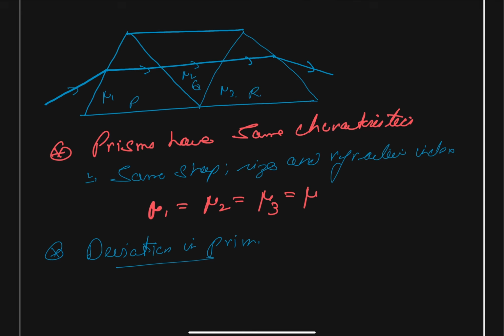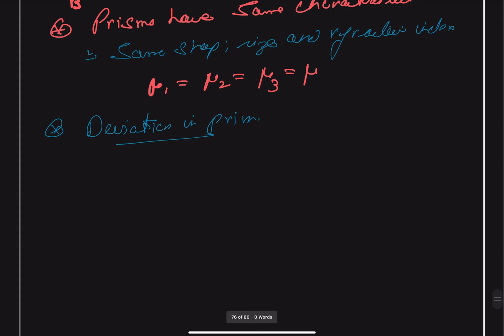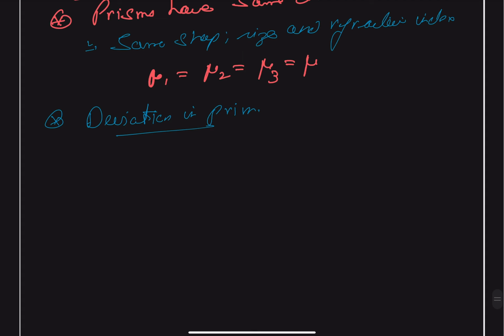The deviation will occur only, let us suppose this is our AB, and we call this DE, at the two faces, the incident face and the emergence face. The rest will be the same, it's not going to change. For that we can individually consider face AB as well as face DE.